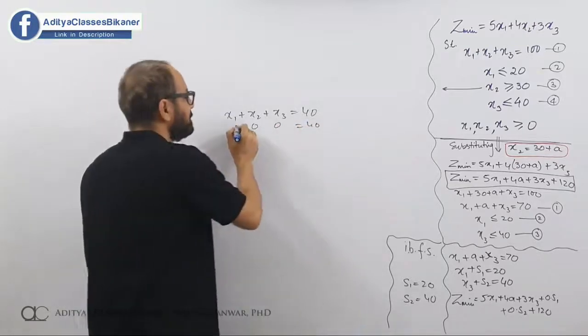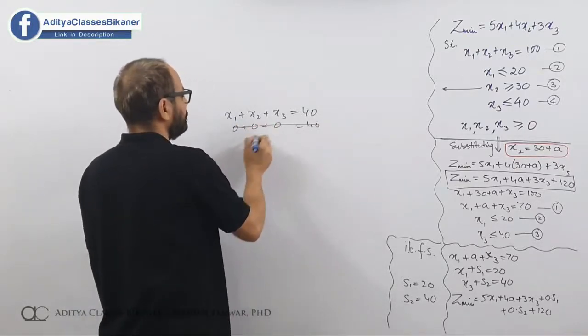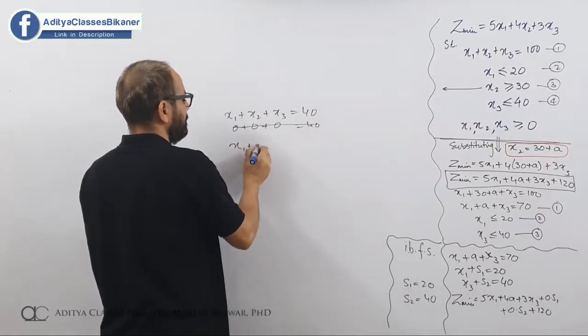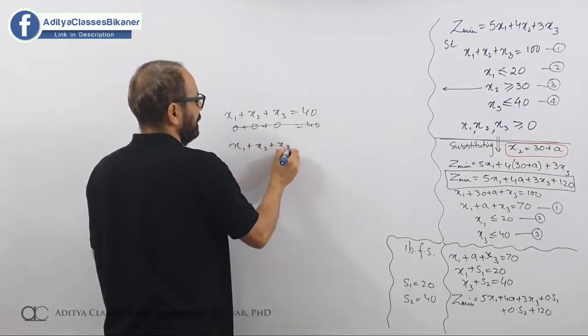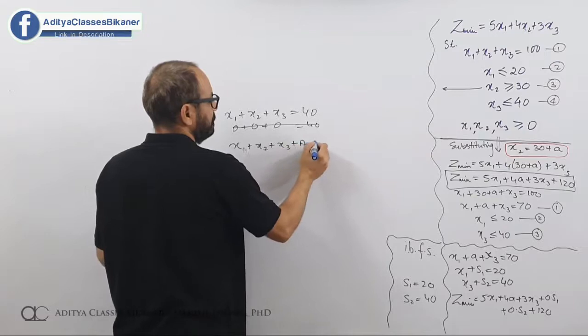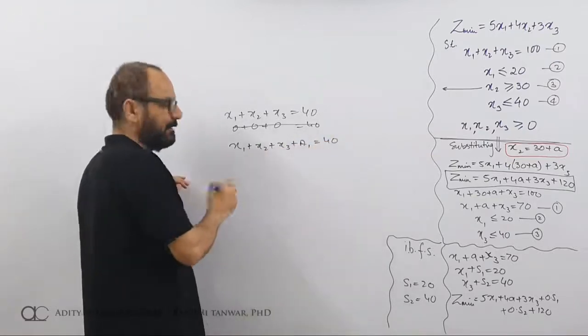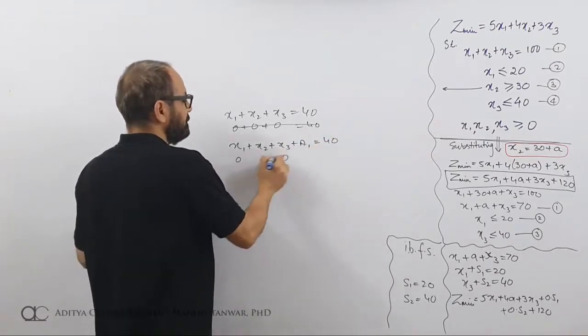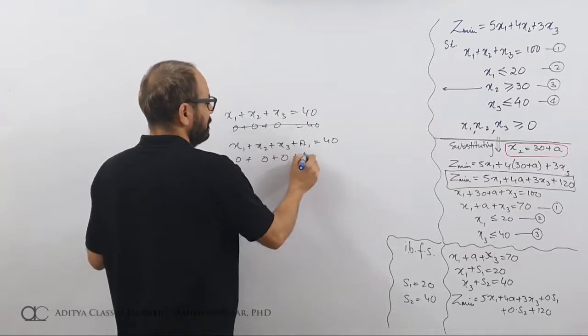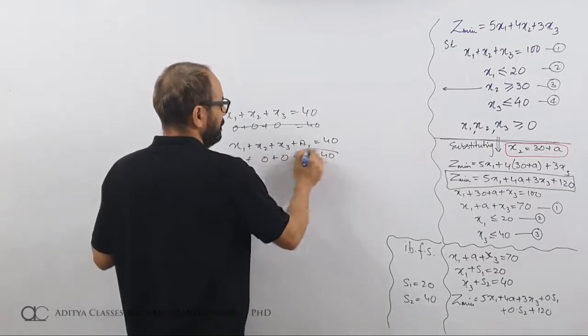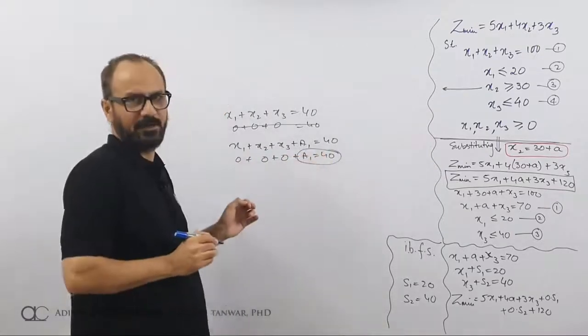How do we avoid this kind of situation? We avoid it by making use of an artificial variable. Then, if you put all decision variables 0, you are still left with a1 is equal to 40, giving you an IBFS of a1 is equal to 40.